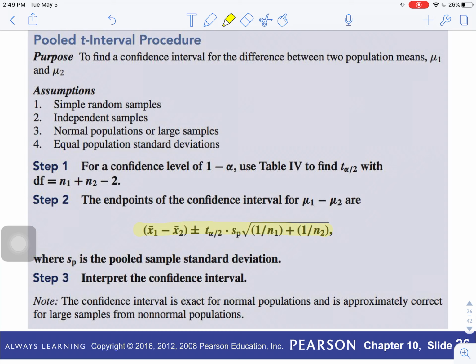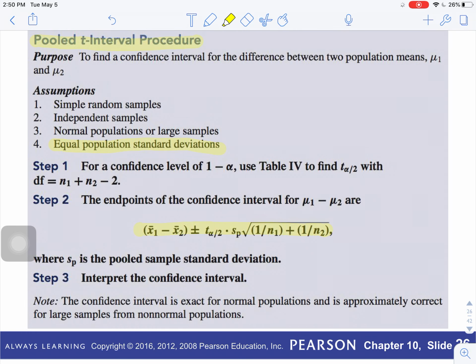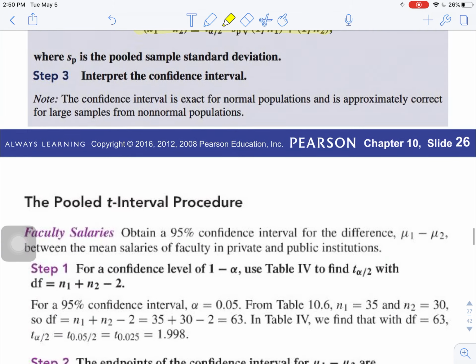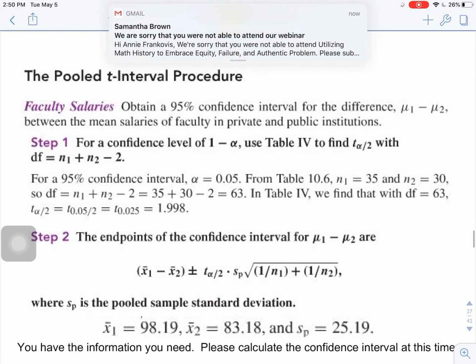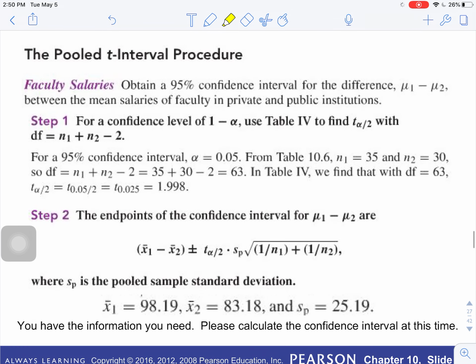But we have that as our confidence interval for our mean 1 and mean 2. And again, this goes with the pooled t-interval procedure. So as long as you're looking at roughly equal population standard deviations, this is going to be pretty close. So here it says the pooled t-interval procedure.